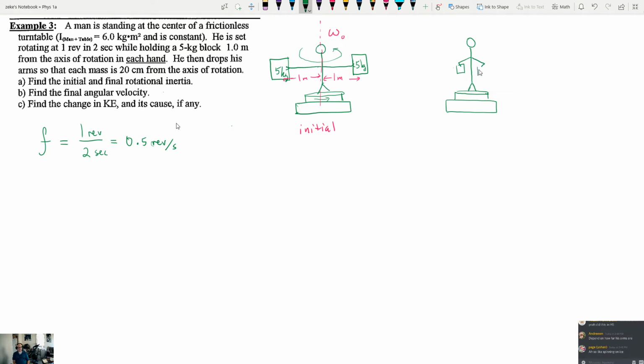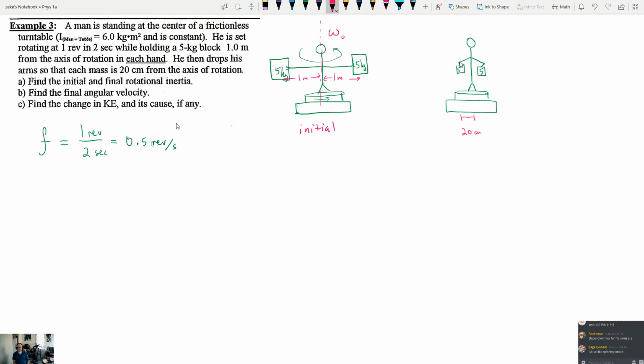I'm drawing them a little smaller here. I probably shouldn't, but so the same masses, the 5 kilogram mass and the 5 kilogram mass, but now they're 20 centimeters from the axis of rotation. So he's pulled them in about 80% closer. The distance from here to here is now 20 cm in both cases.